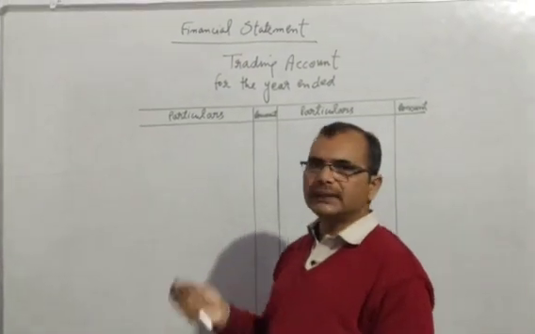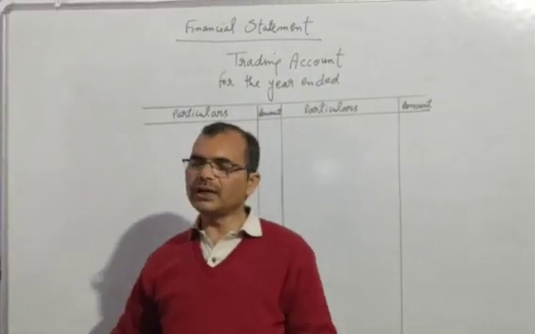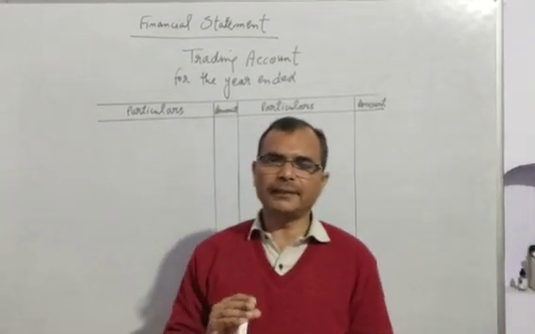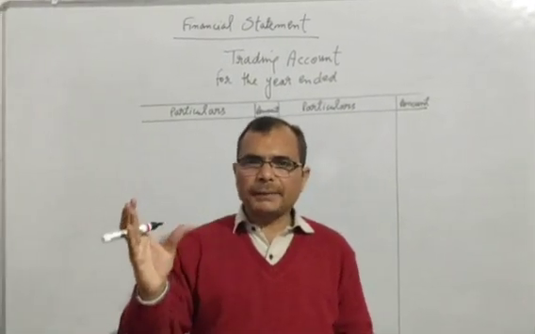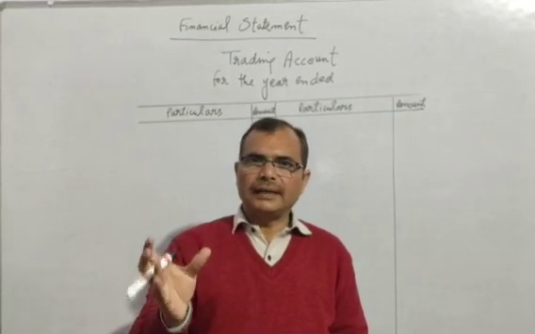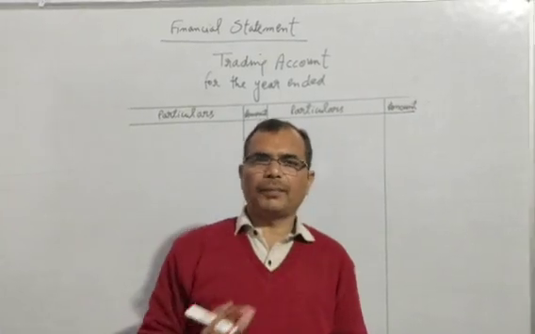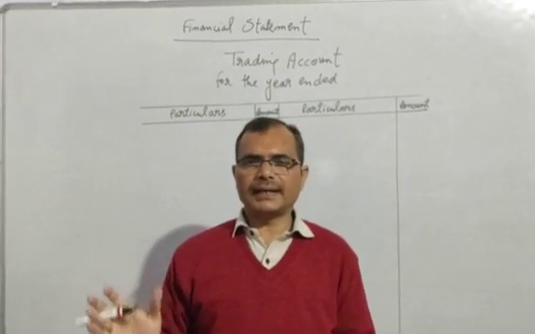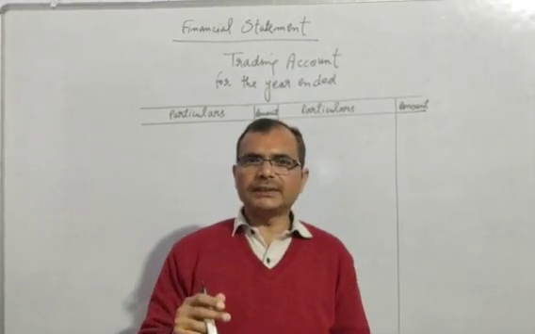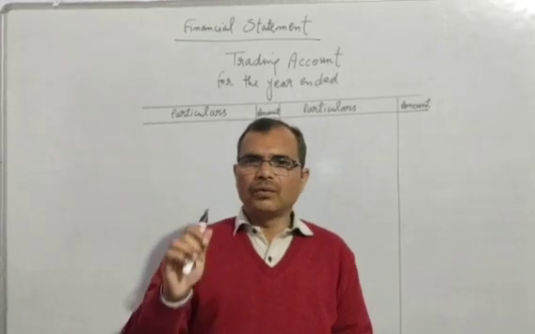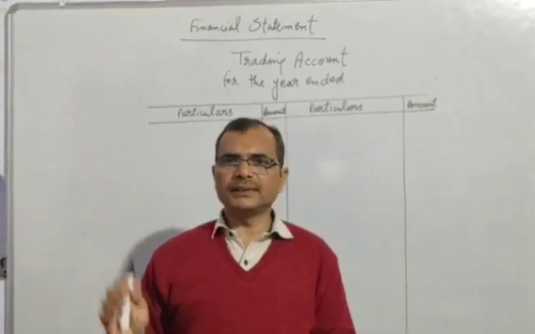So what are the direct expenses we should understand? All the expenses related to the production or manufacturing of the product are called direct expenses. There is a list. You should learn what the direct expenses are.